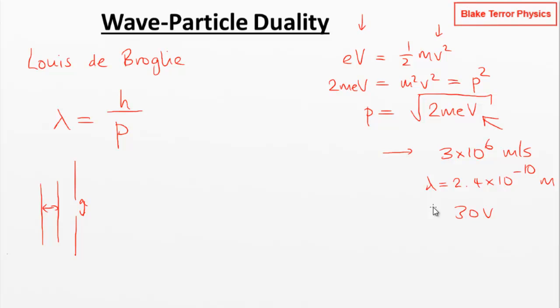All we need now is something which has a gap of around 2 times 10 to the minus 10 meters. This is where people use thin slices of crystals, or something like graphite, which gets used quite a lot. You get a thin slice of graphite, and the spacing between the carbon atoms in the graphite is around this de Broglie wavelength. So we fire some electrons at the graphite, and this is acting like a diffraction grating.